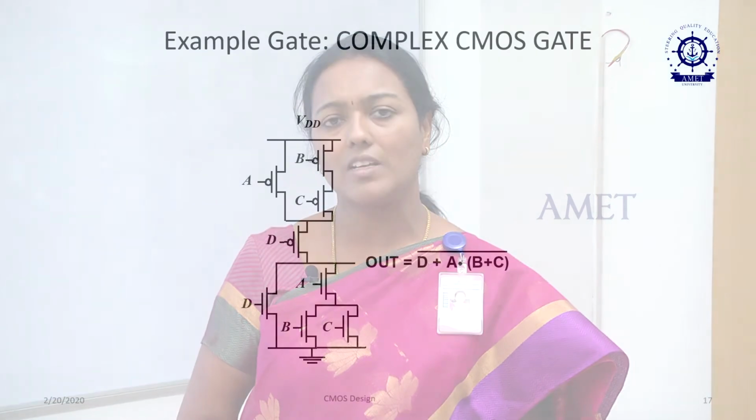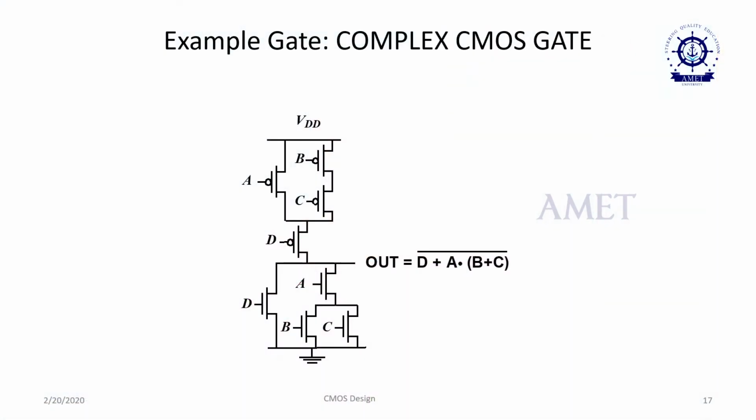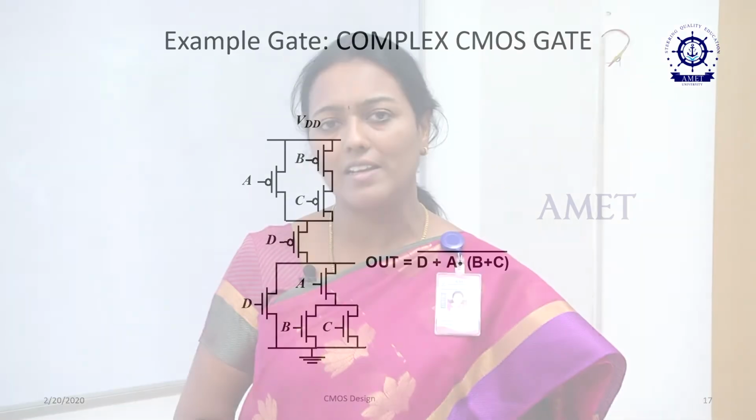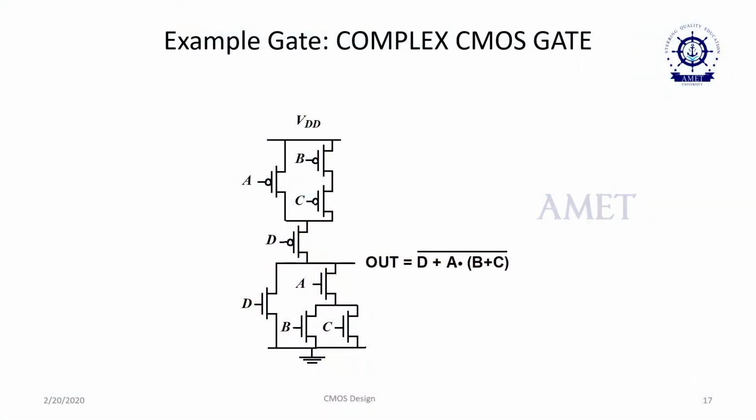So, in this case, since we have D plus A dot (B plus C), first you will have to draw the PMOS transistors, which have to be connected in series in the topmost part, and again the A transistor will be connected in parallel, since it is A dot (B plus C), and the D transistor is connected in series. The entire structure is connected in series with the D transistor. This is applicable for the pull-up network.